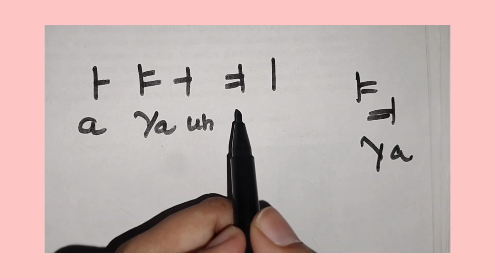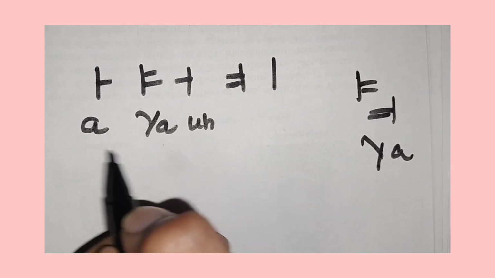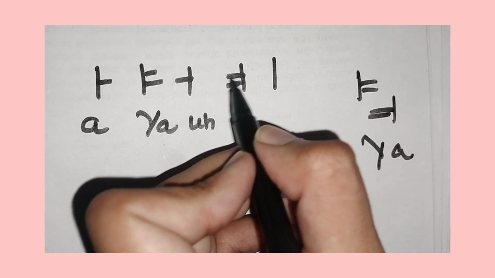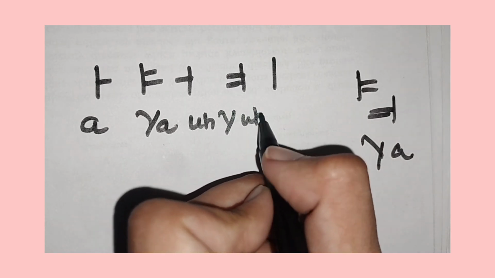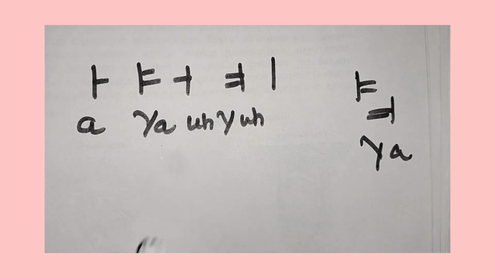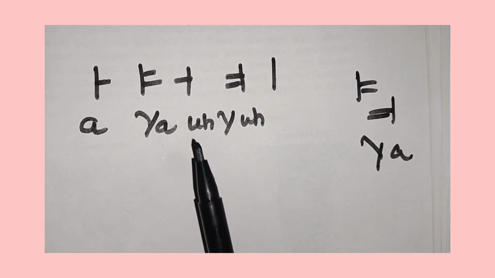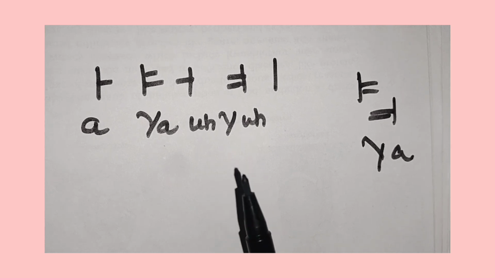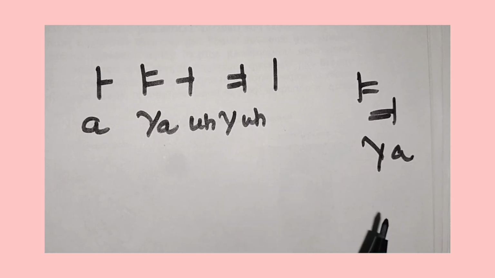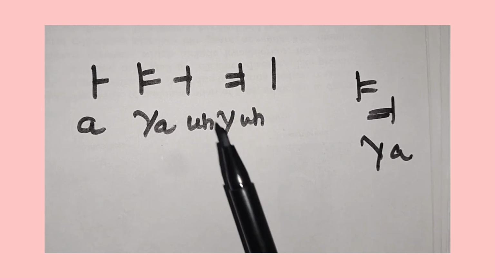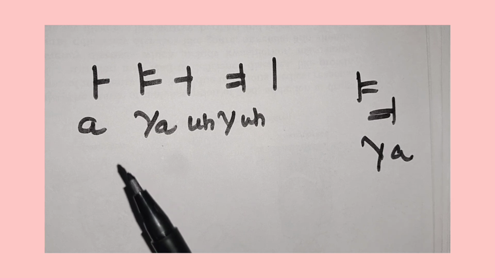This one also has two lines, so it also has y at the start. So this one is ah. And this one with double lines is, yeah, you guessed it, ya. Because the y is added in the front as the line is doubled.